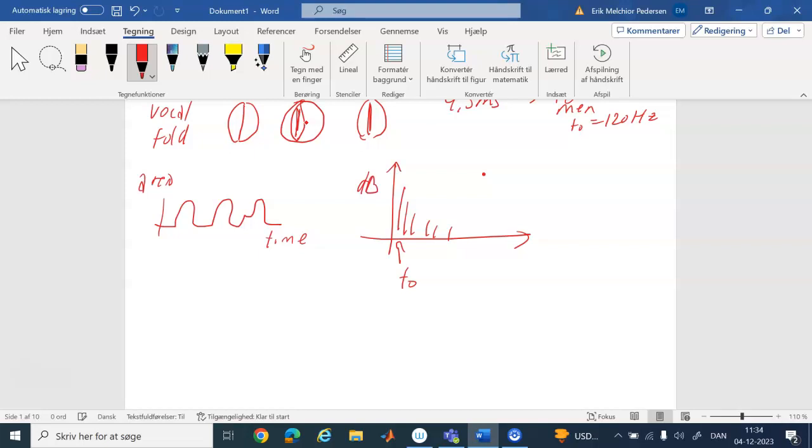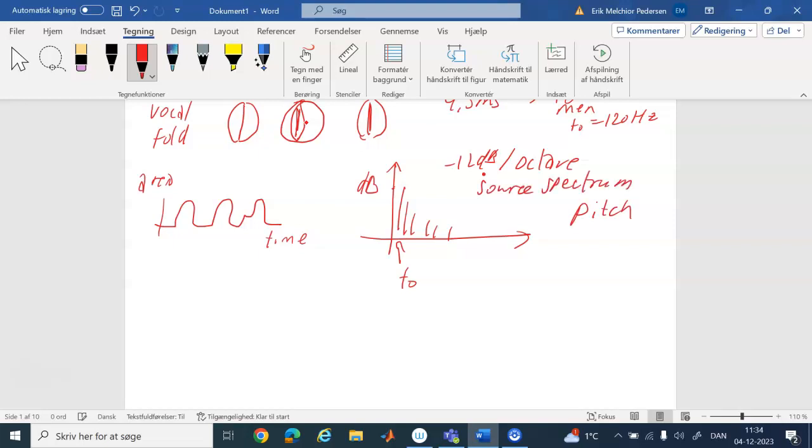It could be maybe 60 decibels or something, I'm not sure about that. And it decreases about 12 dB per octave. So the source is vibrating vocal folds, fundamental frequency F0, and pitch of voice. This is the source spectrum.